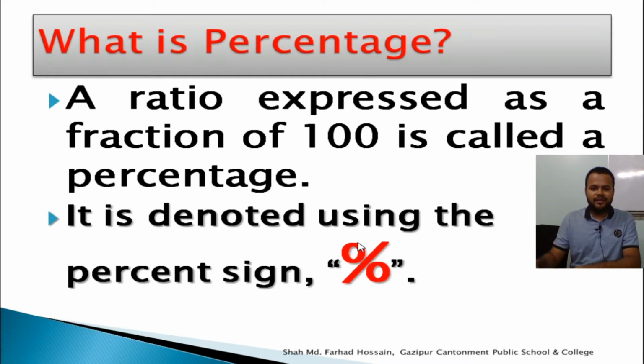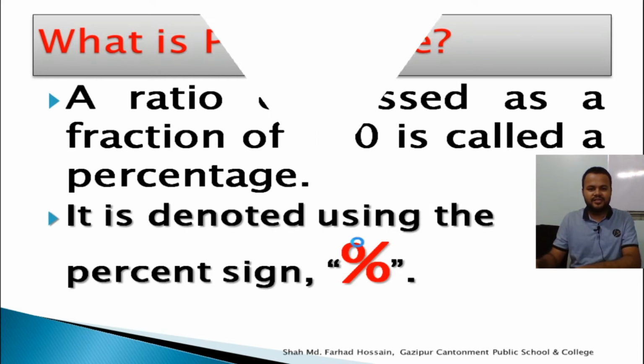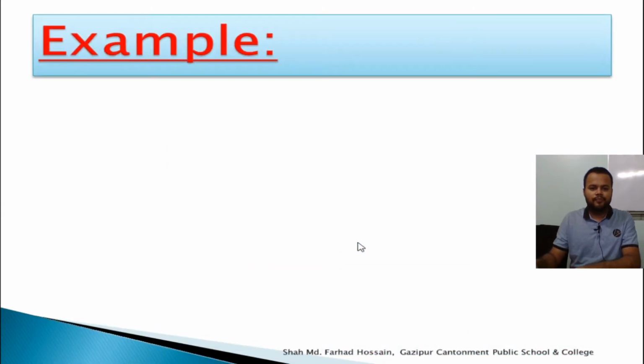Let's see some examples of percentage. First one, 1% equals 1 by 100. That means 1 of 100 times.